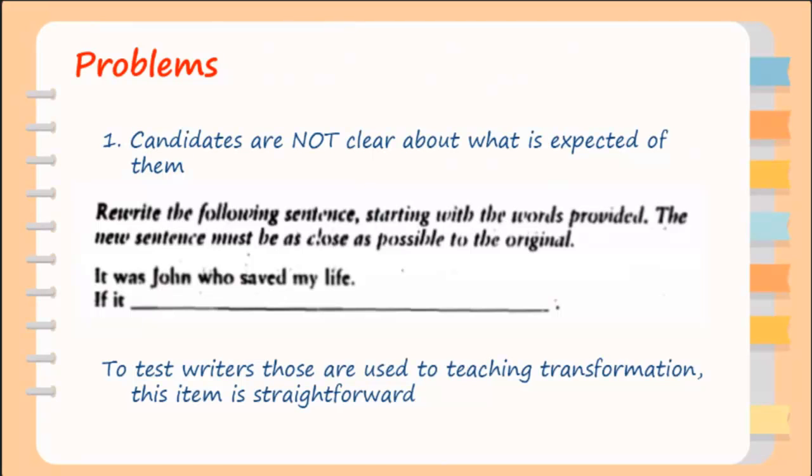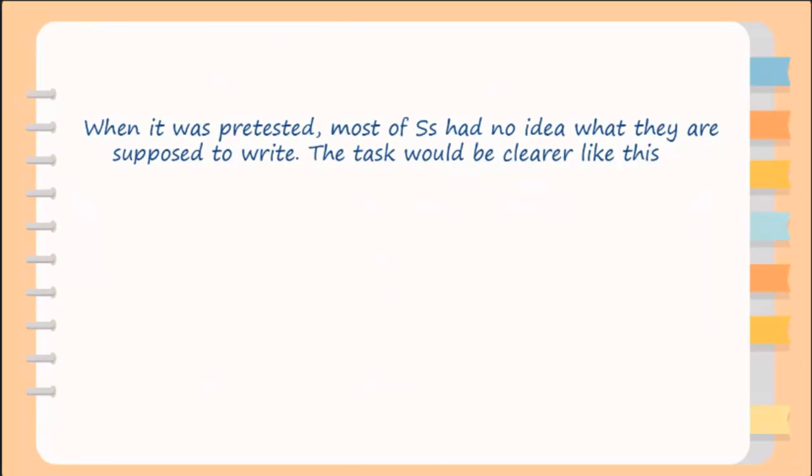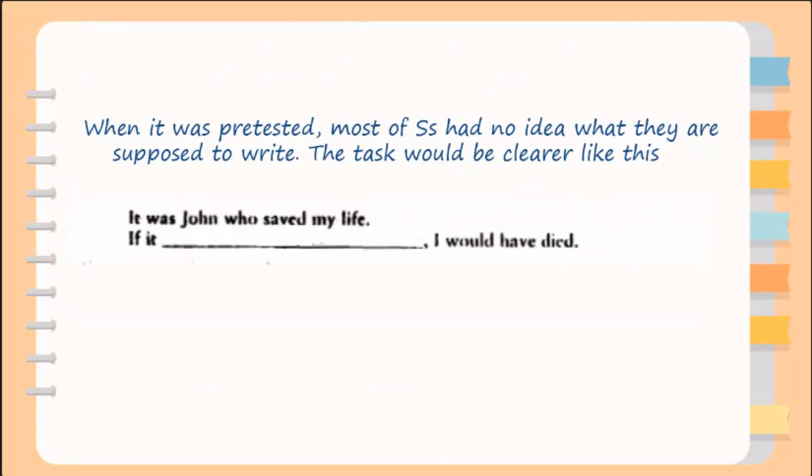Like you see the example here, they ask the student to rewrite the following sentence. Start with the word provided, and the new sentence must be as close as possible to the original. So to the test writer who uses teaching transformation, this item requires a straightforward answer. Okay, but when it's tested, most students have no idea what they are supposed to write.